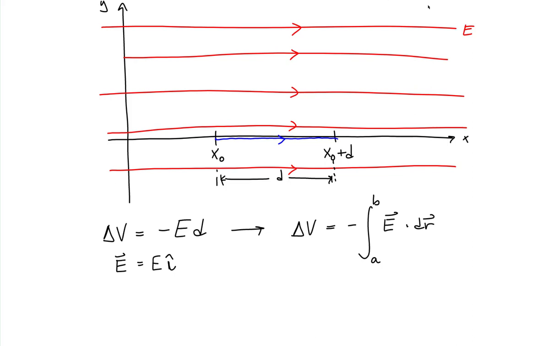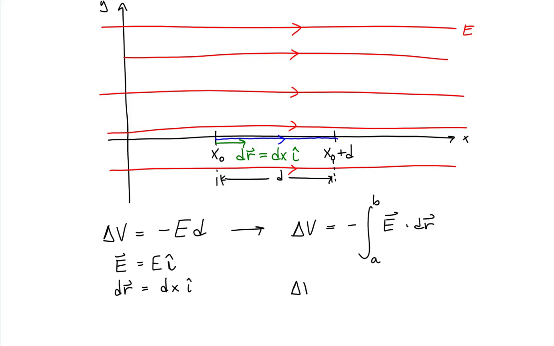We will have a small displacement differential along that path, which I'll call dr. And since our path is parallel to the x-axis, this little bit of differential is going to be equal to dx i hat, a tiny bit of change along the x-axis. So this means that our dr vector is equal to dx i hat.